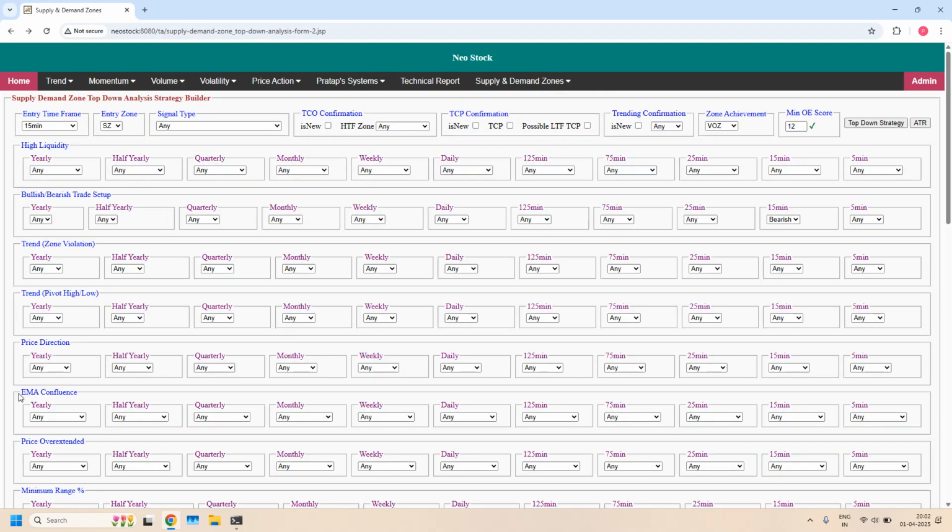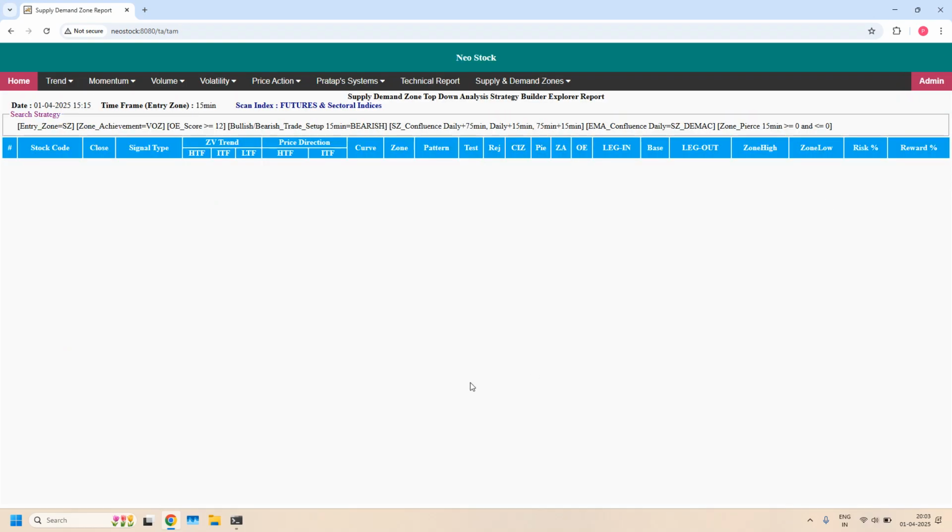Let's verify. The EMA confluence at daily, I'm checking daily supply zone with daily EMA confluence. So not having any EMA confluence. Okay. So based on EMA confluence, we don't have any stocks for this income trade.